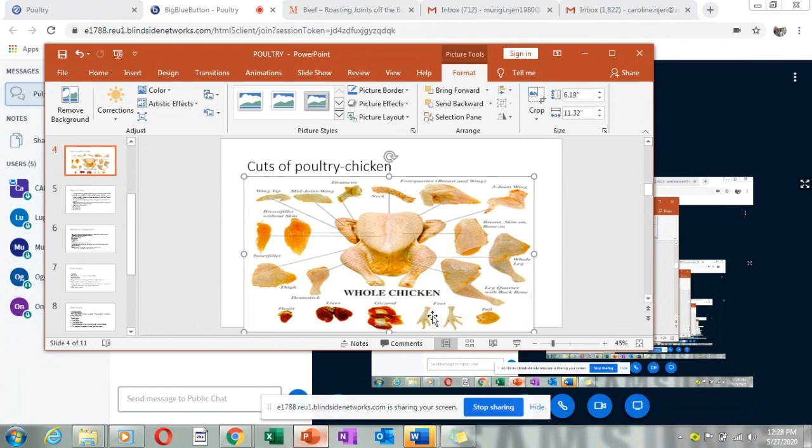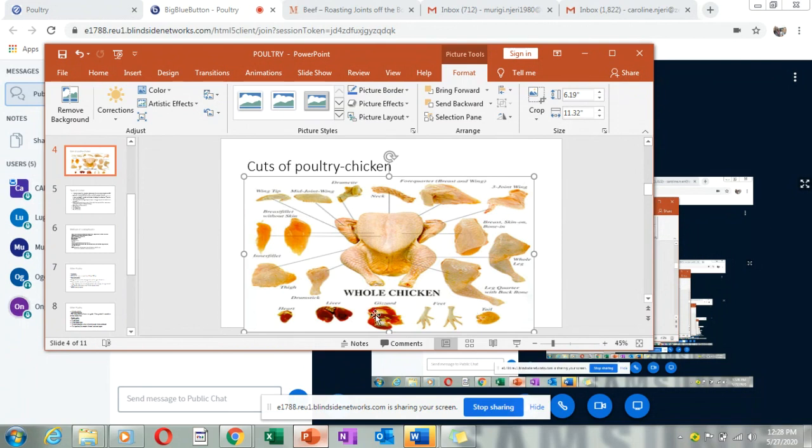Especially if the family is big, you might really want to make sure that everybody gets a piece, to feel that they ate the chicken. So some people will cook this, and others will not.